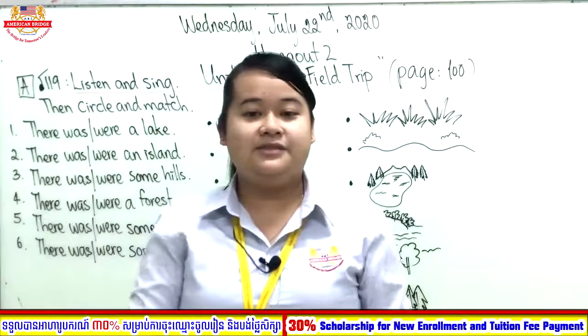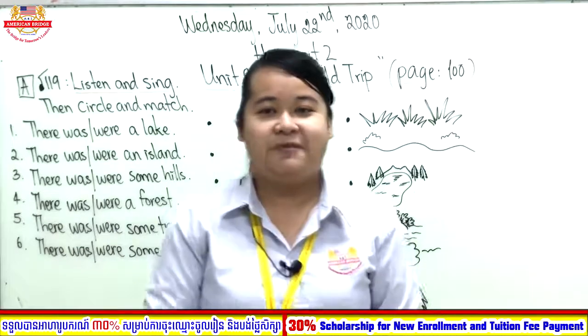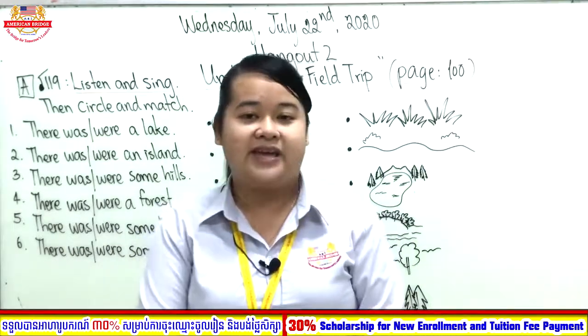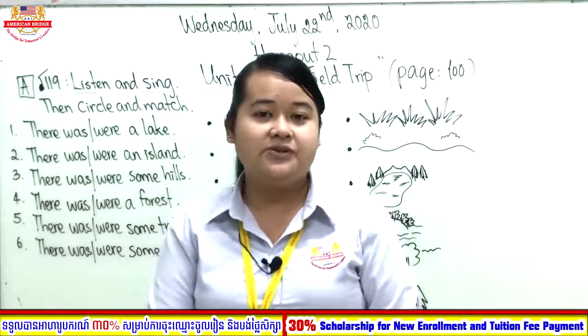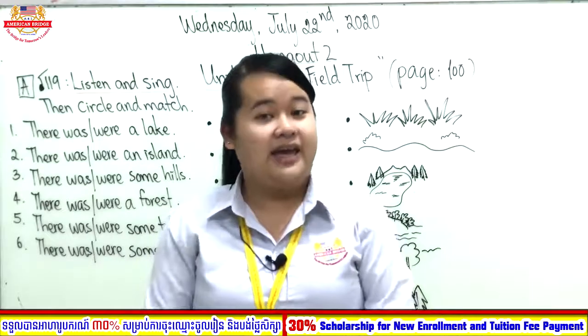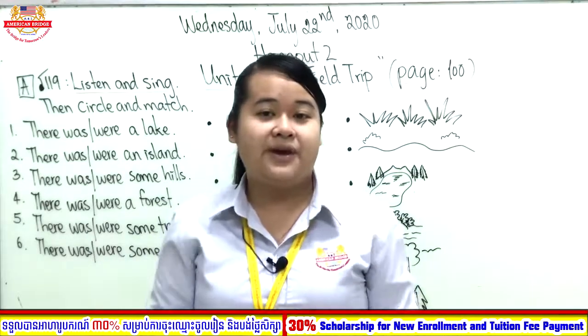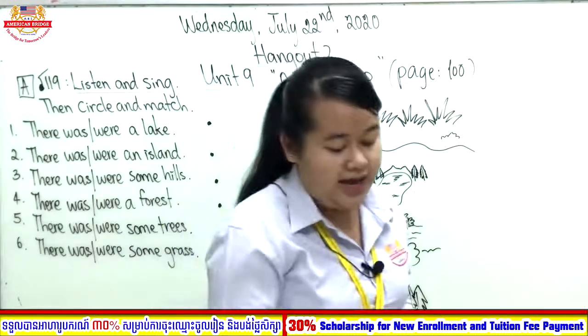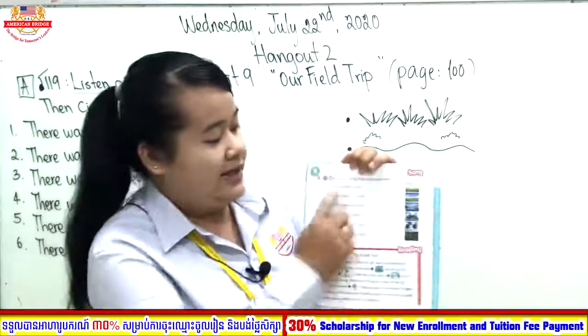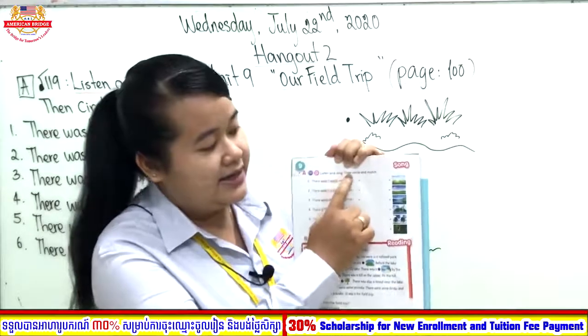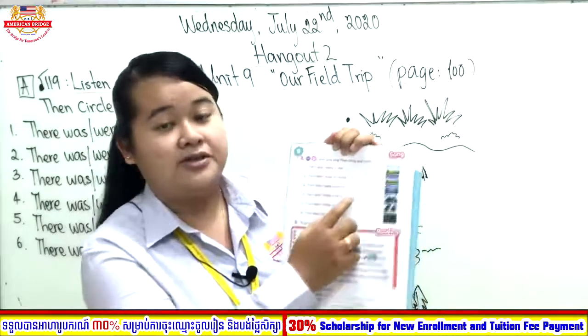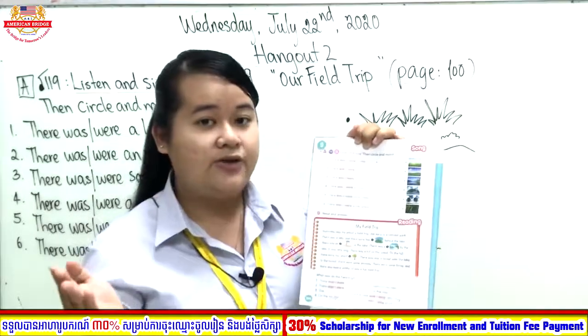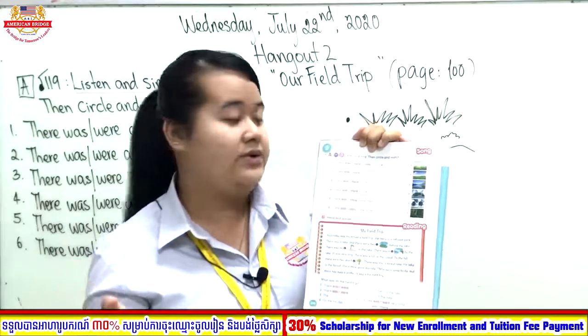So now let's move to page 100. That will be practice some exercises for today. The teacher has two exercises for you, A and B. So now please open your book right now. So A, you need to listen and sing, then circle and match. You need to listen to the audio track that I will provide you now.